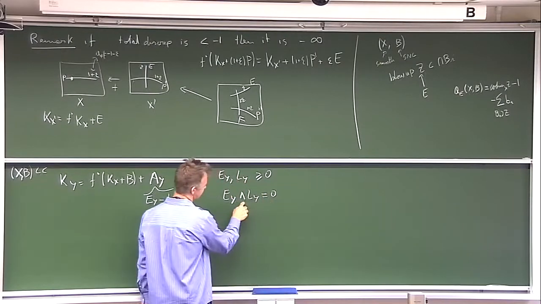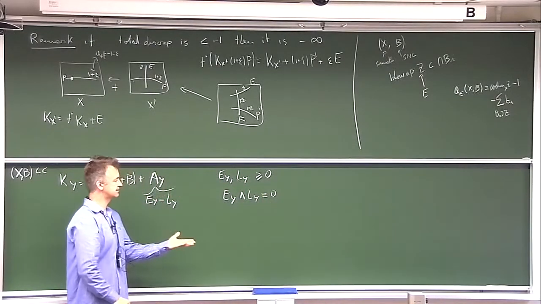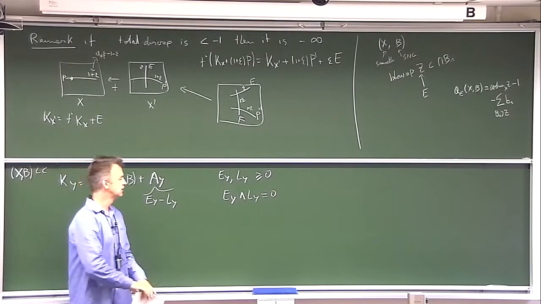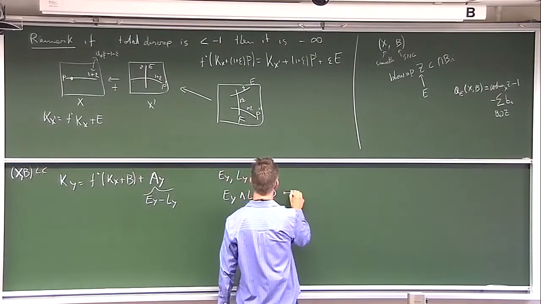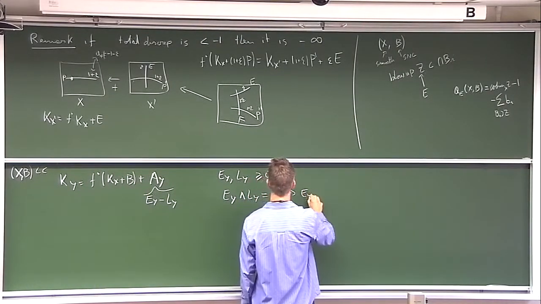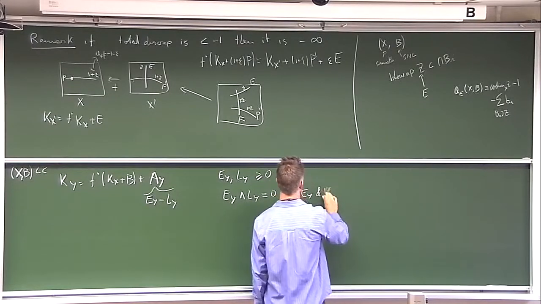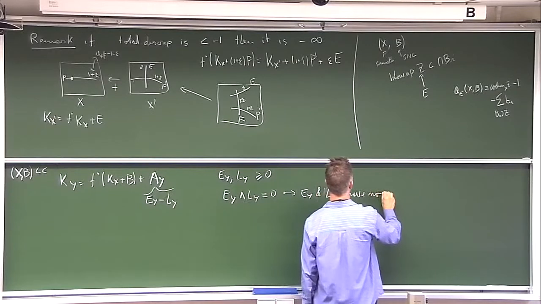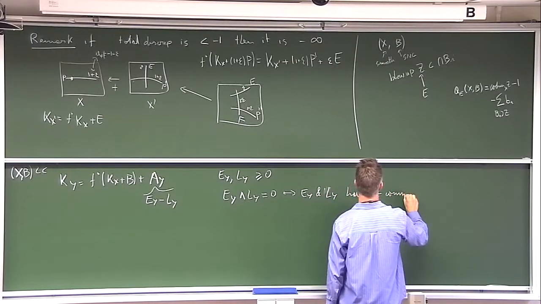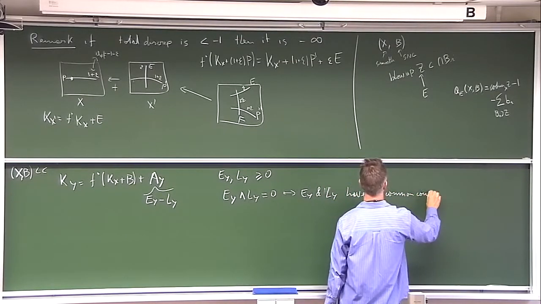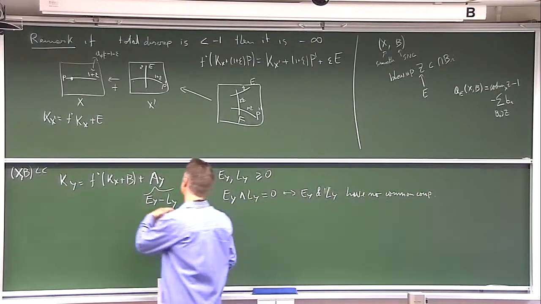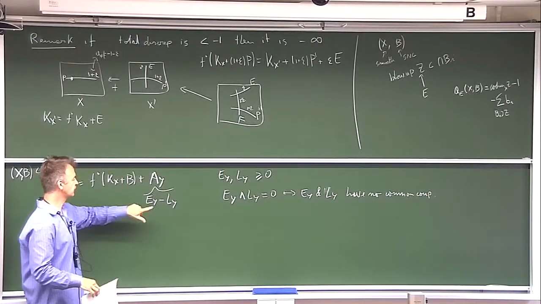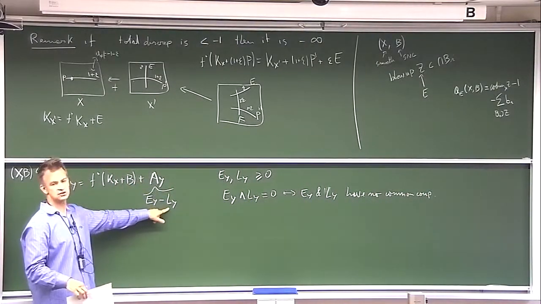So this funny symbol means the biggest divisor that's contained in both of these. What this means is simply that Ey and Ly have no common components. All I'm doing is taking the stuff in Ay with positive coefficient and putting it here, and with negative coefficient, putting it here.